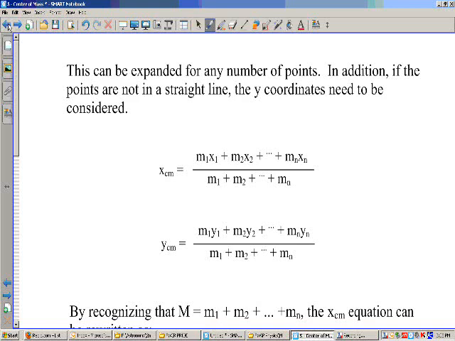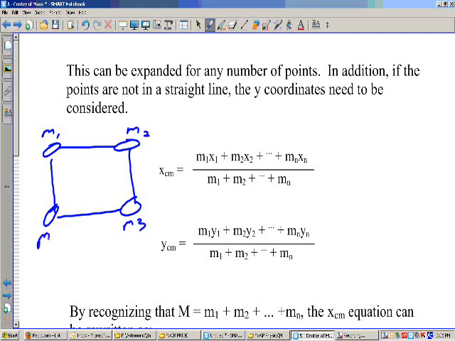If we're dealing with some particles that are distributed about and connected like as a square, what we need to do is to look at the masses of each particle compared to where they are in reference to each one. So we basically need to look at each one's XY coordinates.